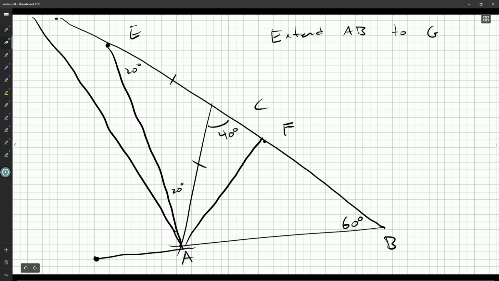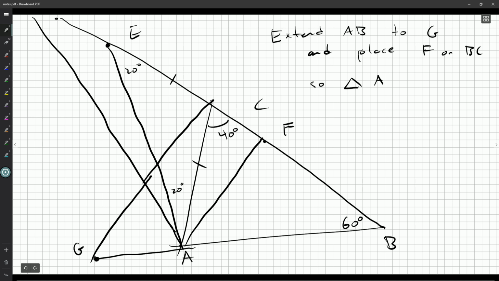We'll say this is G down here, and make this a 60 degree, an equilateral triangle. So we'll place F on BC, so that triangles AFB and GCB are equilateral. So this is a way to make use of this 60 here.